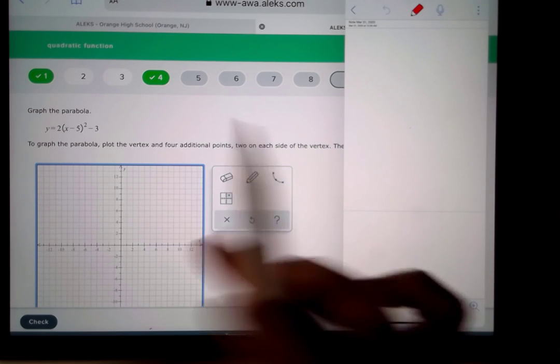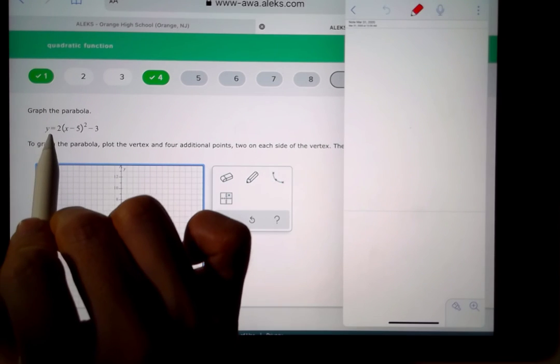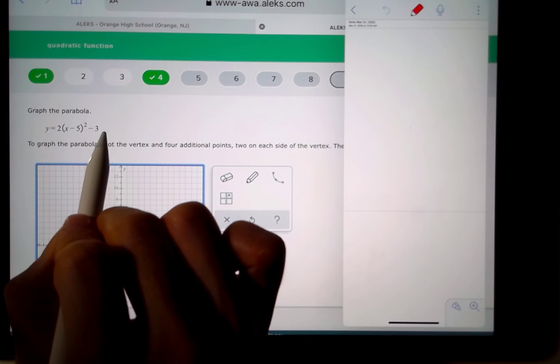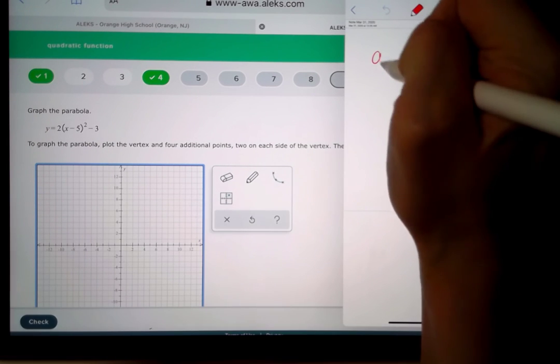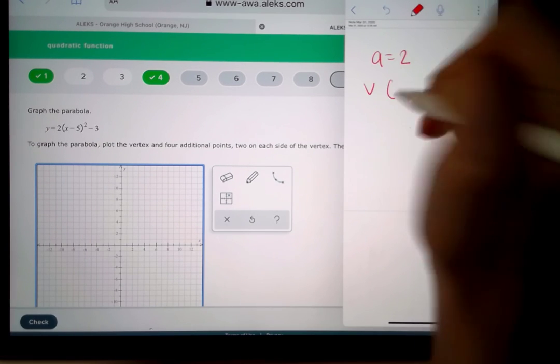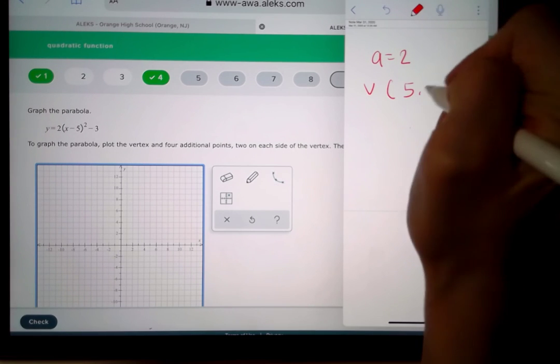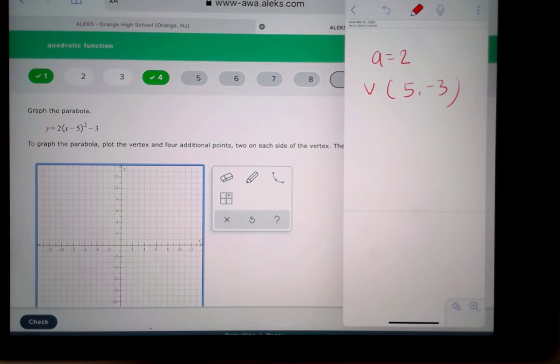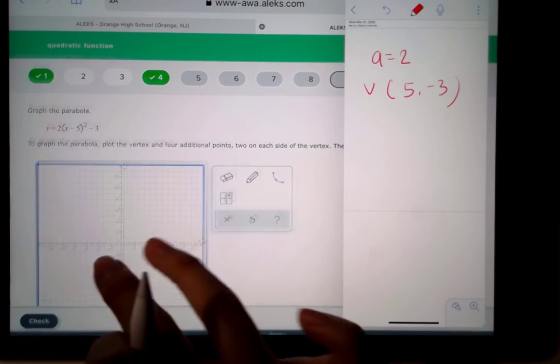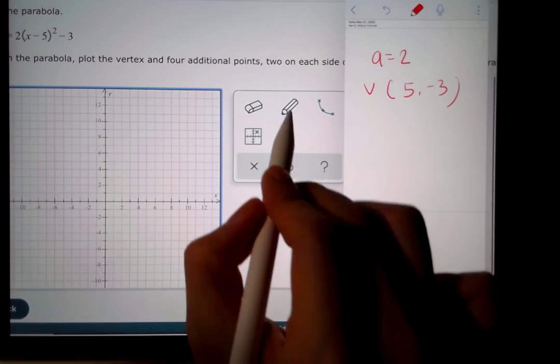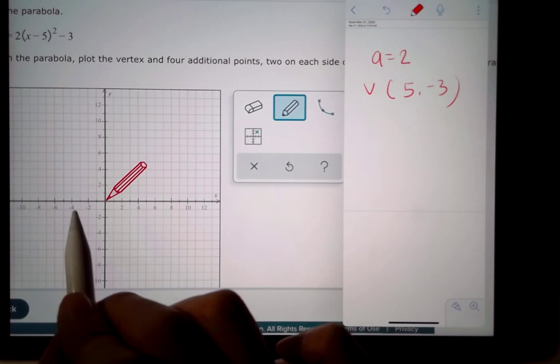So guys, look. My function has A equal to 2 and vertex (5, -3), right? So you go to (5, -3). You click this pencil so that you can plot the point.